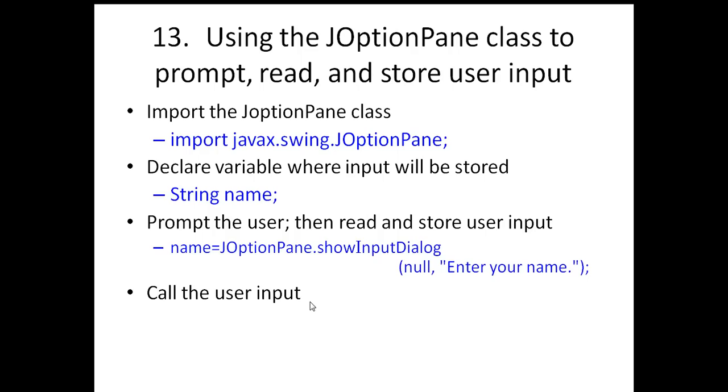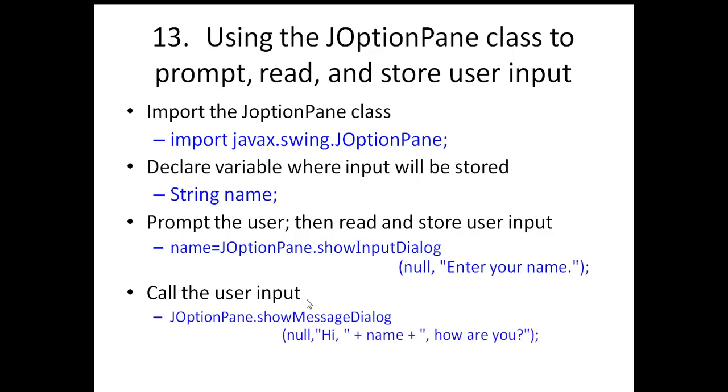And then you can call the user input in the variable by using the show message, which we've already done. Now you notice here there is no variable to be assigned anything, because that's not what we're doing. We are simply giving a message, and in this message we're going to call the variable.